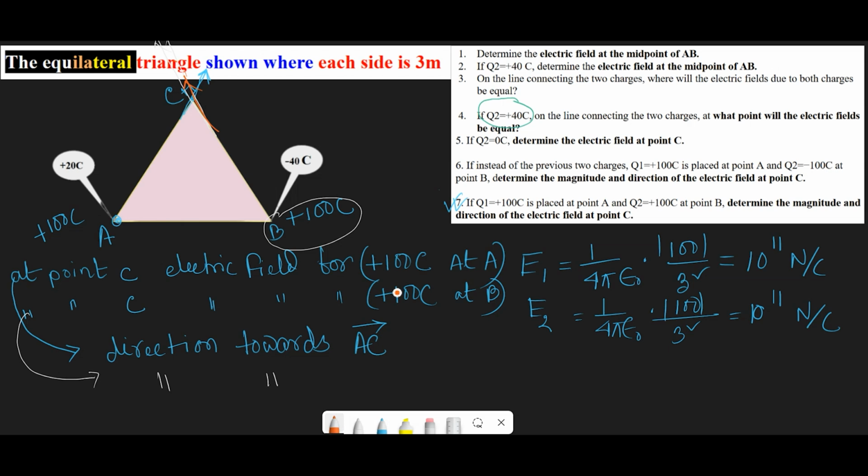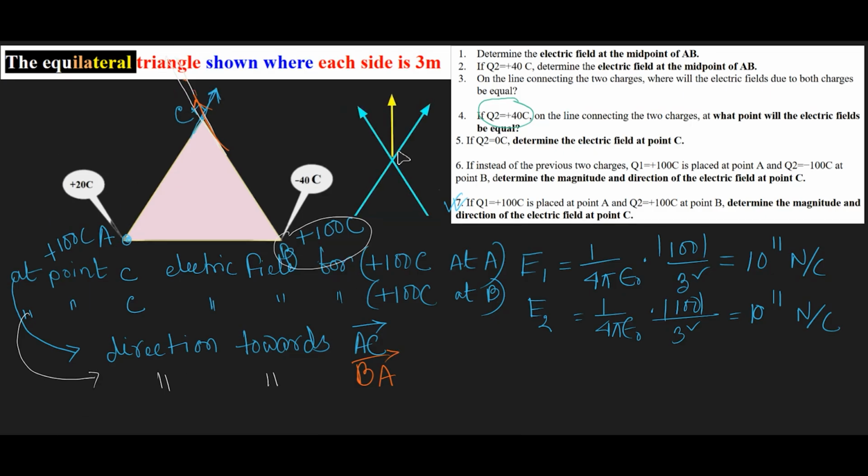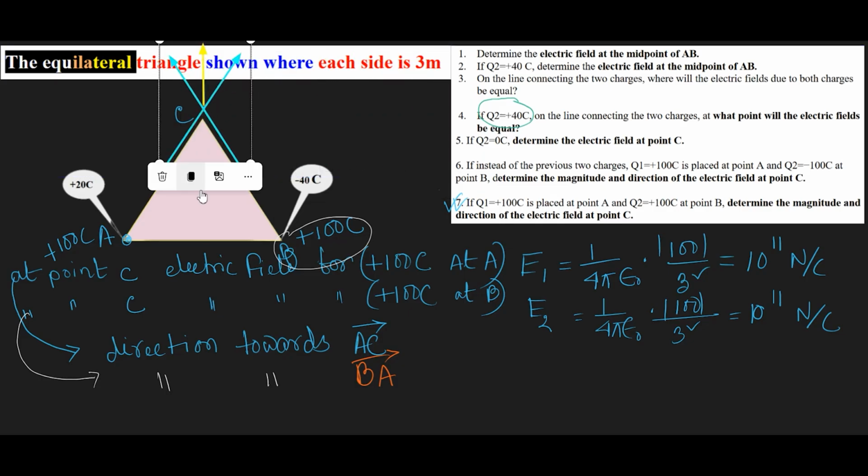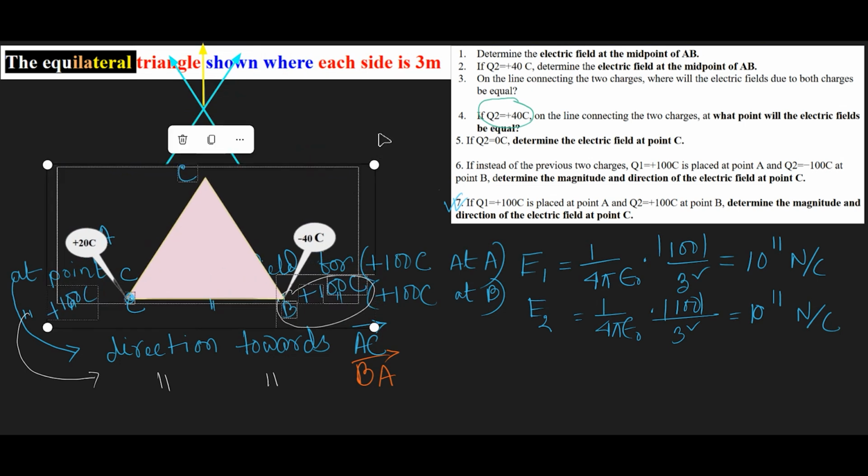So this is BA, obviously with the vector sign. If we can see, this is actually the vector. We can clean this first, then we could have a very clear view. So this is actually the electric field line. Let's drop down a little bit.